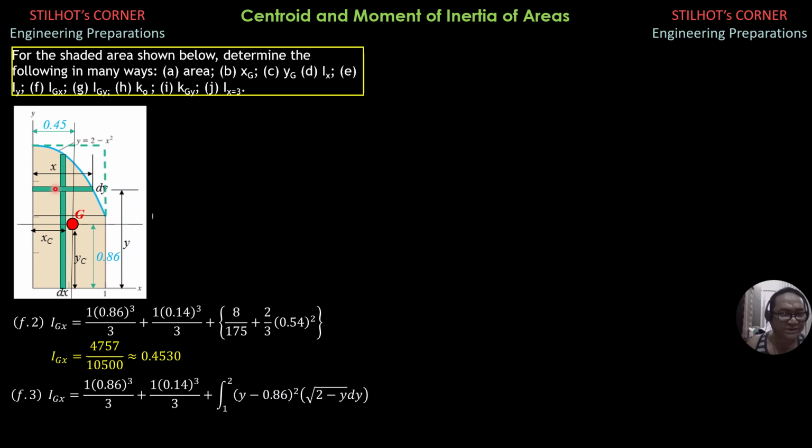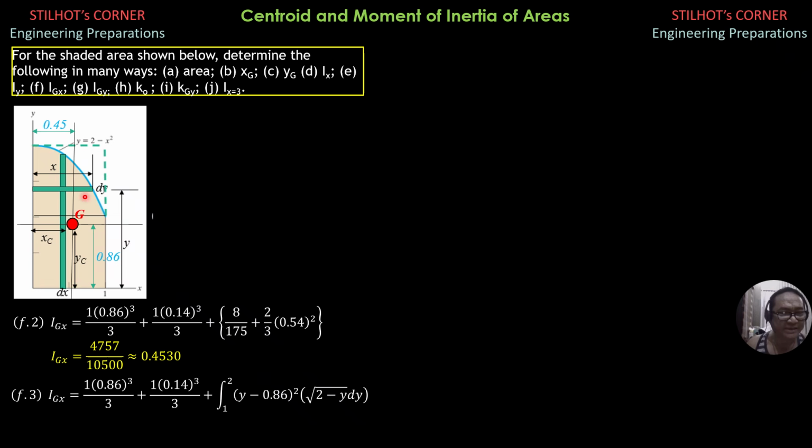Now, what is the constant distance? Distance from here up to here. This is y minus 0.86 squared. So that distance is y minus 0.86 squared. Then the area is x dy, limit should be from 1 to 2 because we consider the parabola and we consider a horizontal strip, 1 to 2.